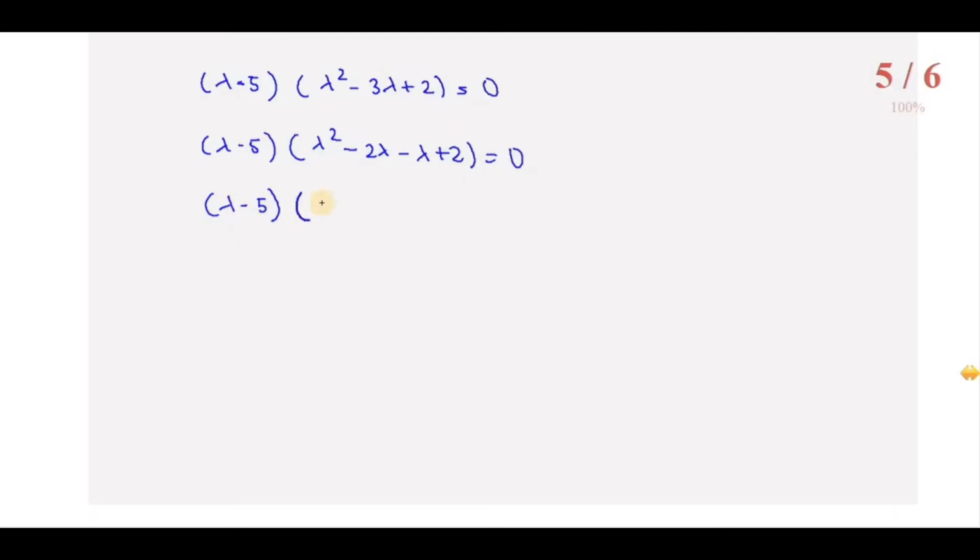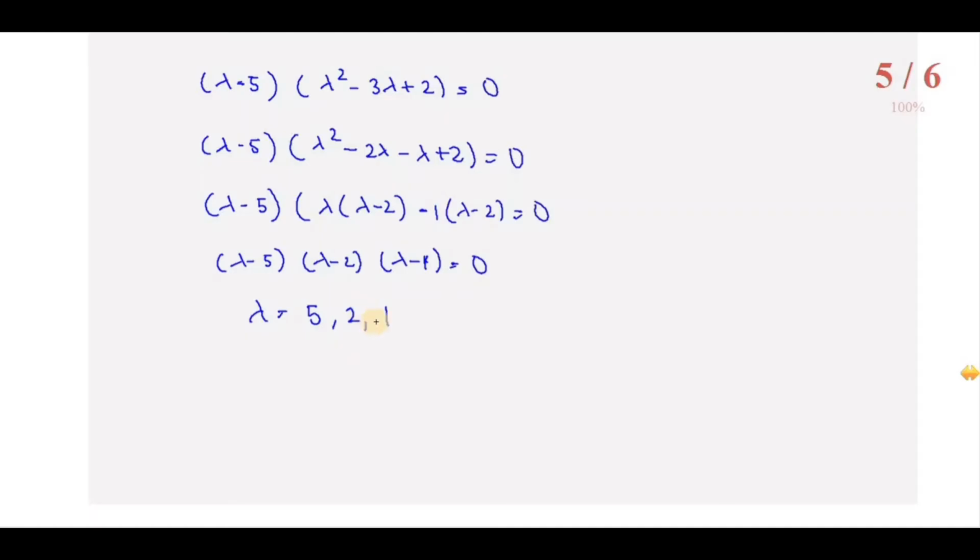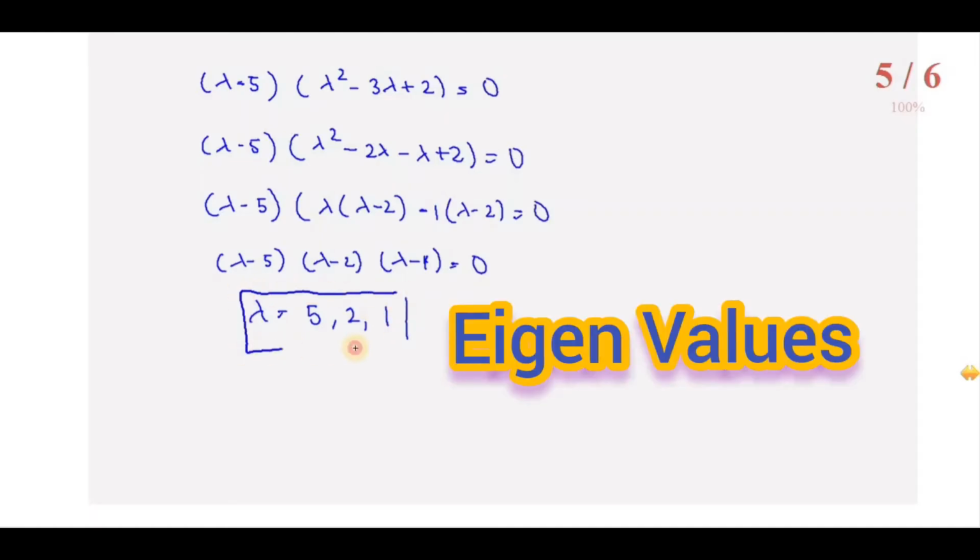Take the common things outside: lambda minus 2, minus 1, lambda minus 2 is equal to 0. So we are getting lambda minus 5, lambda minus 2 and lambda minus 1 is equal to 0. So lambda is equal to 5, 2 and 1. These are nothing but the eigenvalues of the given matrix.